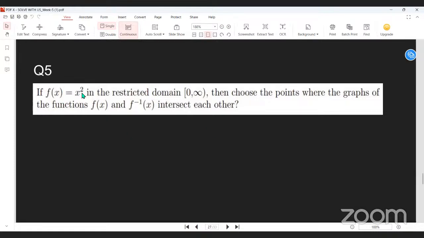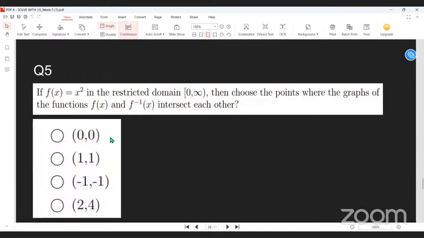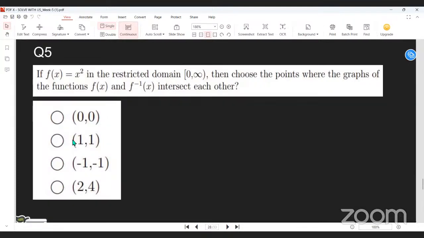So in this, f of x equals x square in the restricted domain 0 to infinity. Please see this point. And this is a multiple select question, okay? Not a multiple choice, it's a multiple select. More than one can be correct.